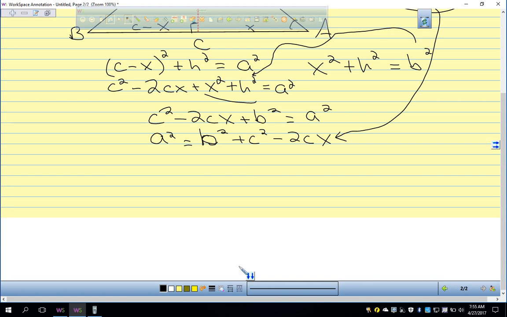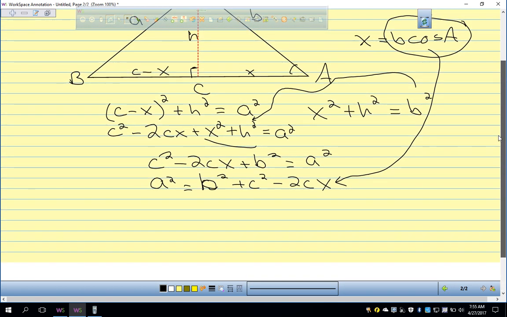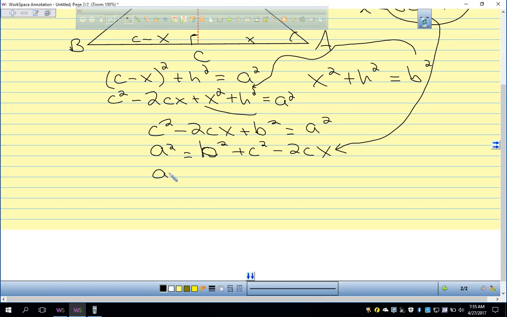And so you end up with this formula, that A squared is equal to B squared plus C squared minus 2CB cosine A, which is one form of the law of cosines.